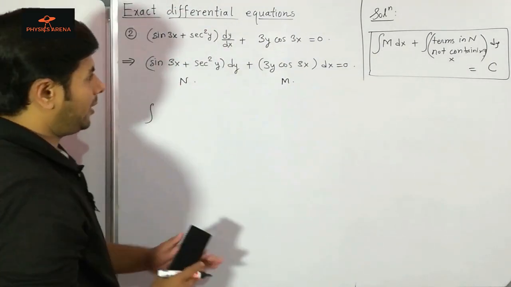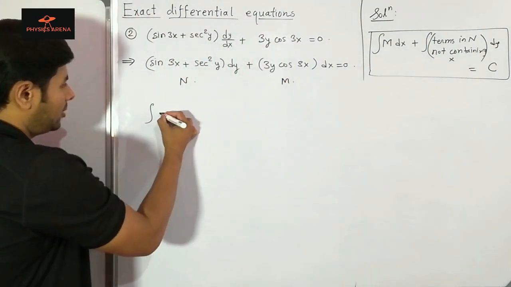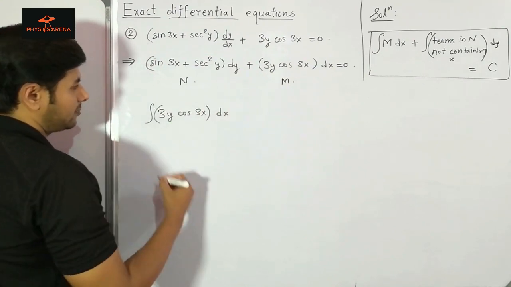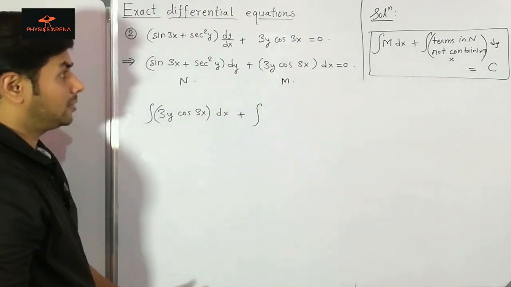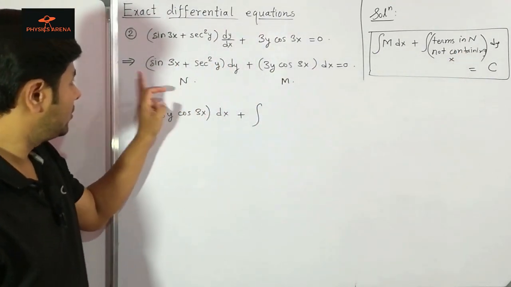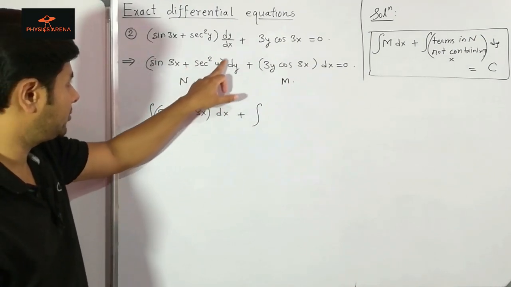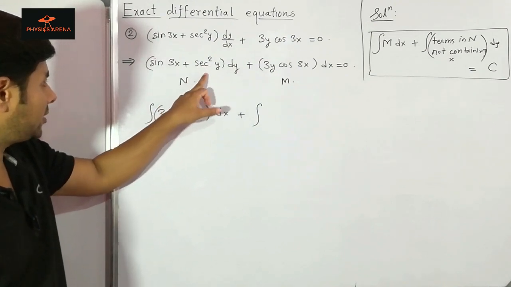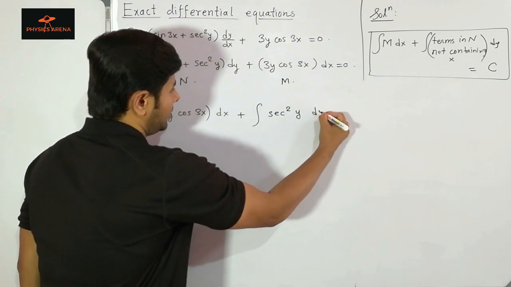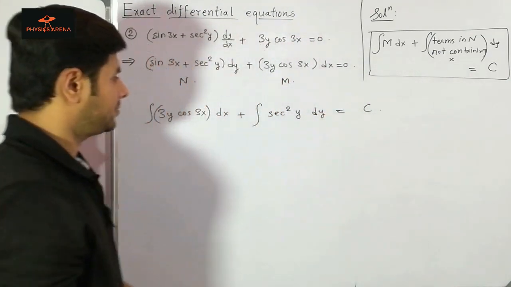So integral of m dx is integral of this term, which is 3y cosine 3x dx, plus integral of terms in n not containing x. There is only this term, which is sec square y dy, and it is equal to constant.